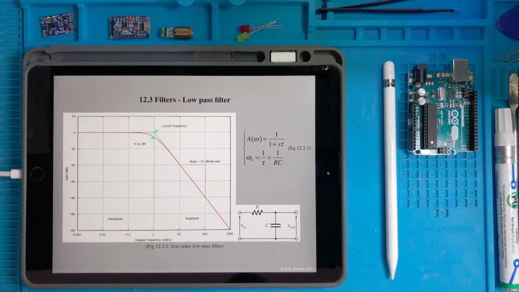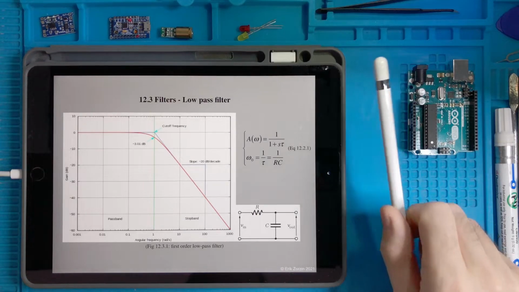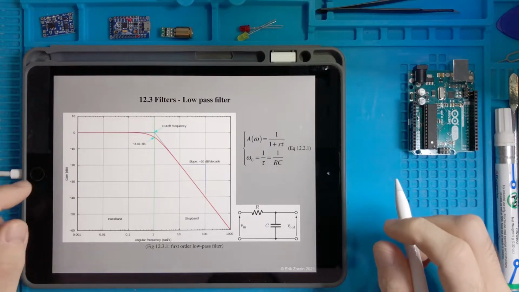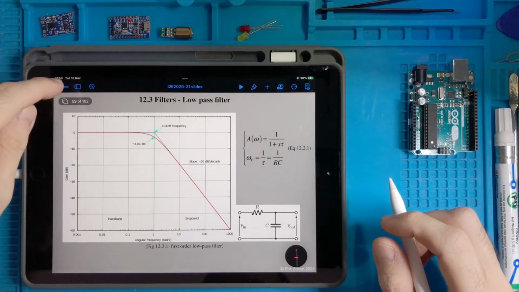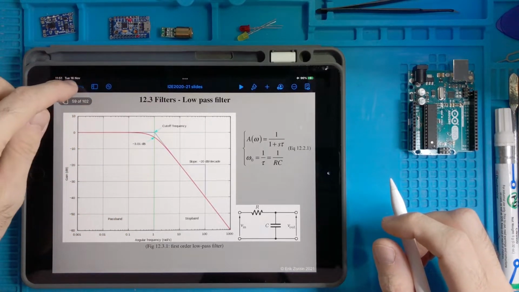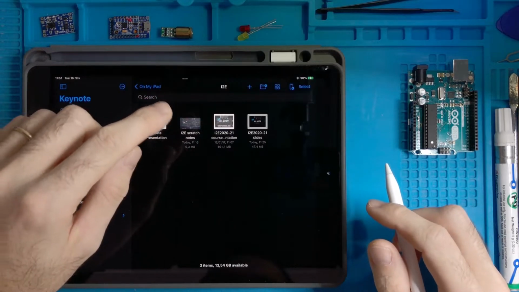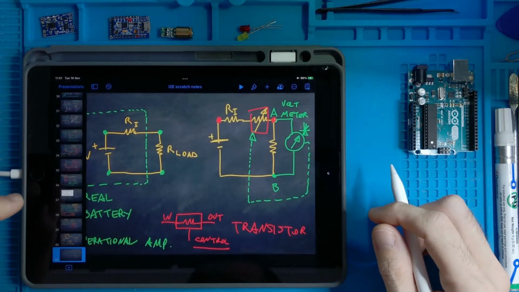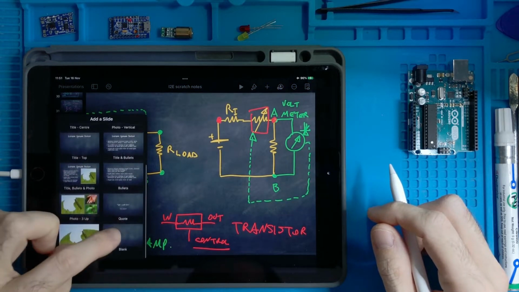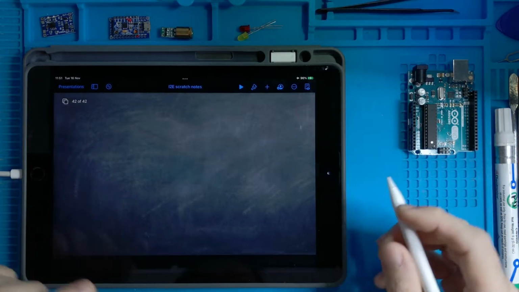So we can build different types of filters, but before we go into the filters, we have to go to the blackboard and analyze one very simple but important circuit, which is called the voltage divider.